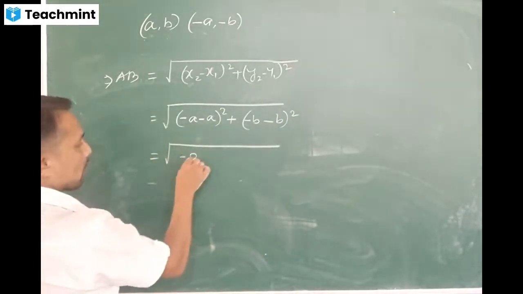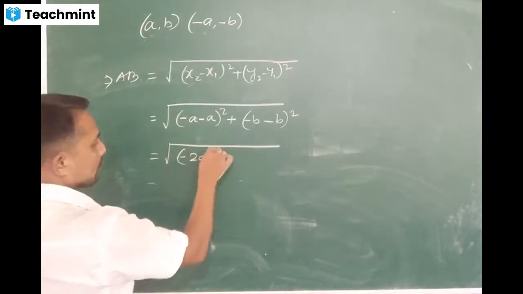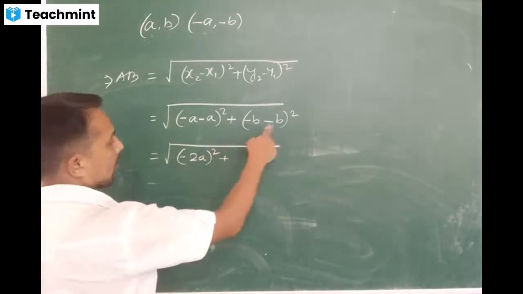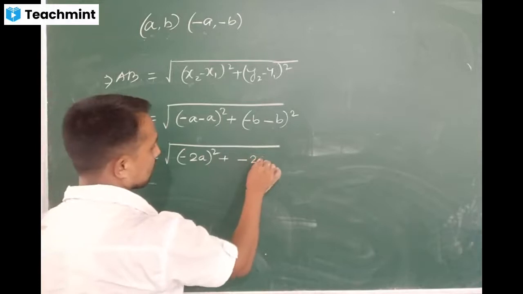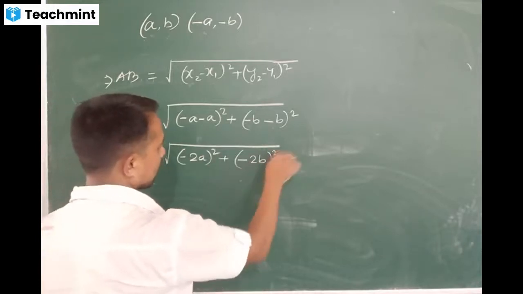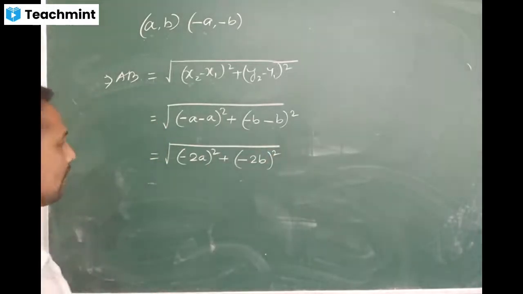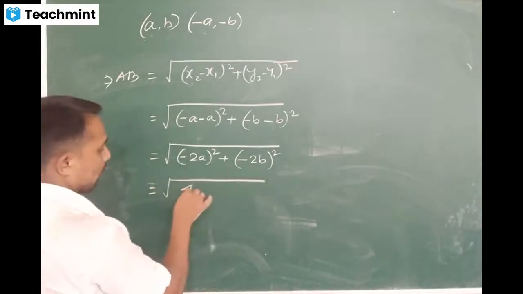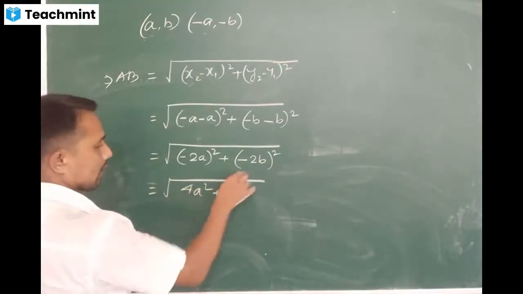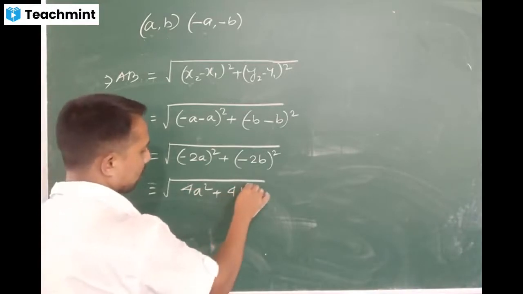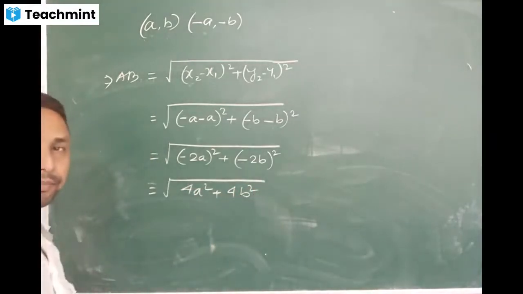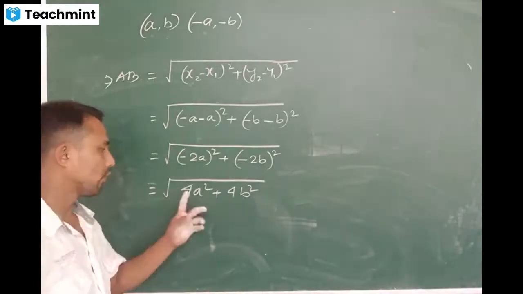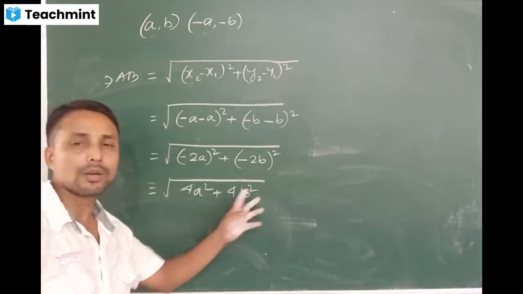This is minus twice A whole square plus minus twice B whole square. Now this is equal to 4A square plus 4B square.